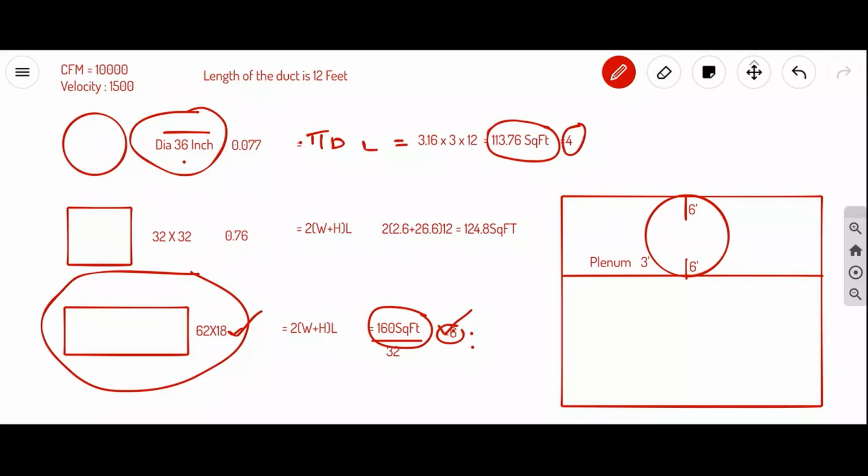Next, how is the thickness of the sheet defined? The length of the duct, and it also depends on the main branch and the trunk branch, sir.